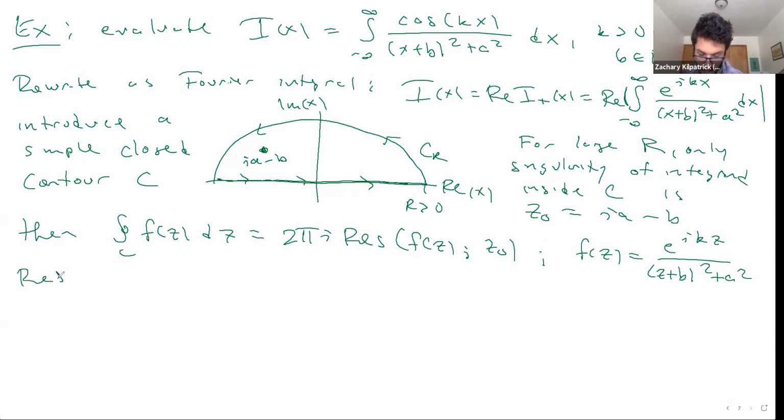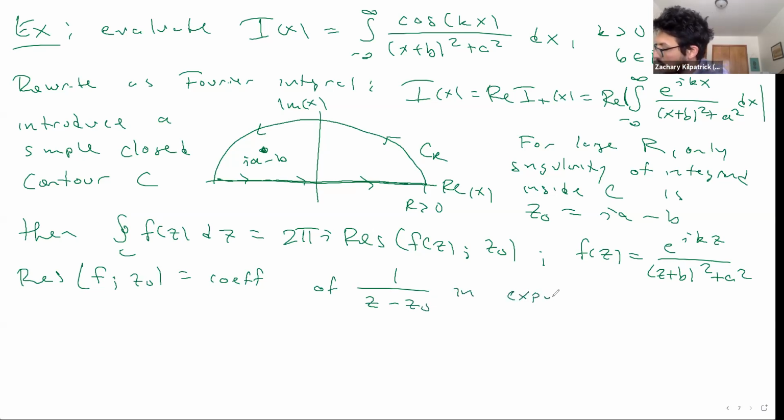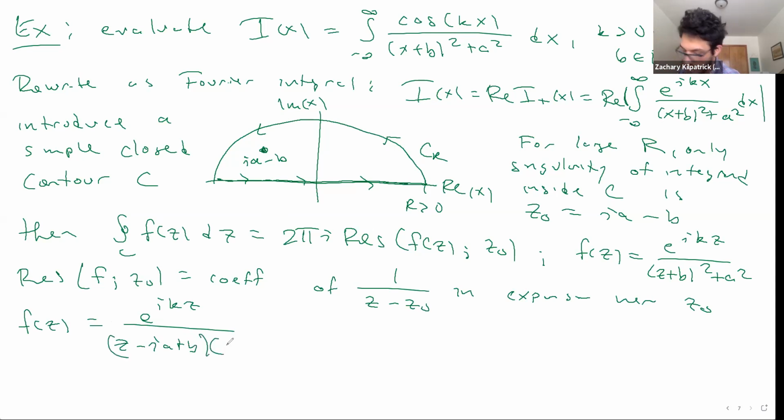All right, so the residue of f at z0 is equal to the coefficient of 1 over z minus z0 in the expansion near z0, because we compute it from this limit. So f of z I can write as e to the i kz over (z minus ia plus b) times (z plus ia plus b).